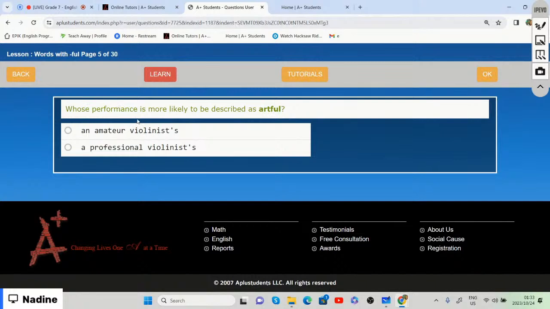And whose performance is more likely to be described as artful? Is it an amateur violinist or a professional violinist?